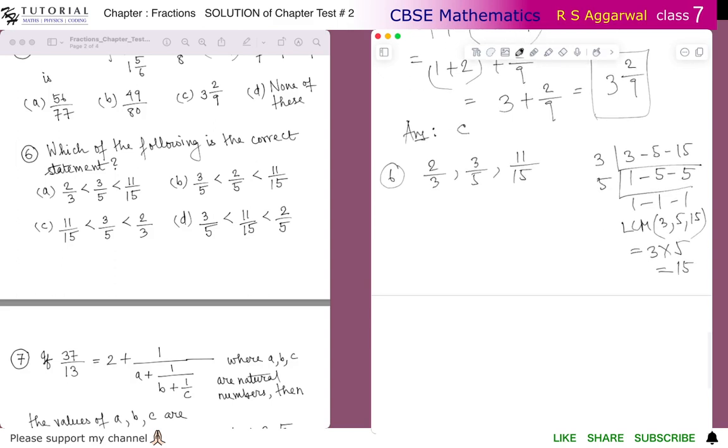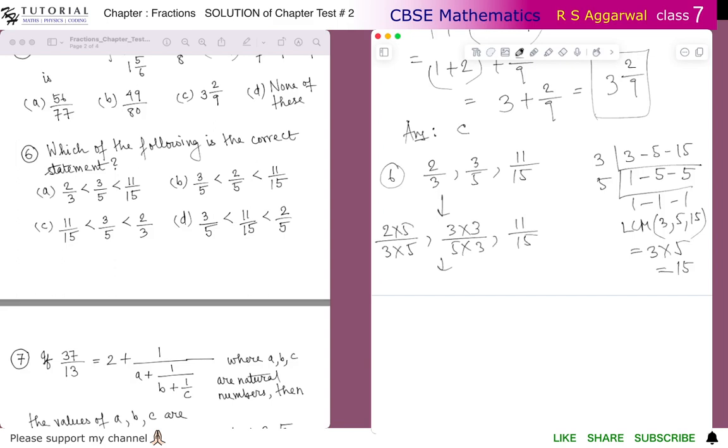So if you convert them to equivalent fractions with denominator 15, they become 2 into 5, 3 into 5, 3 into 3, 5 into 3, and 11 by 15 remains the same.